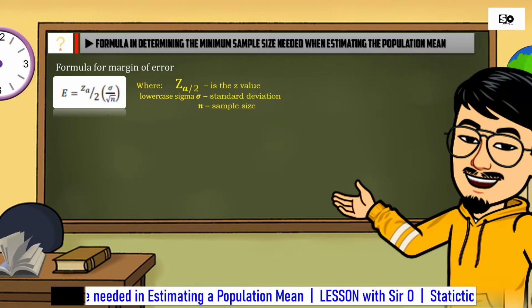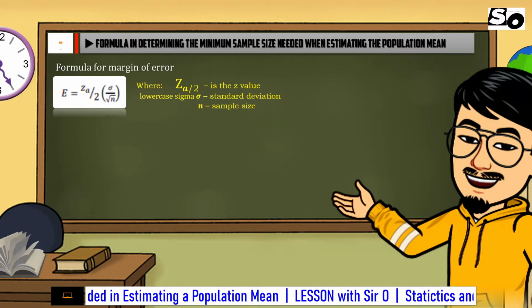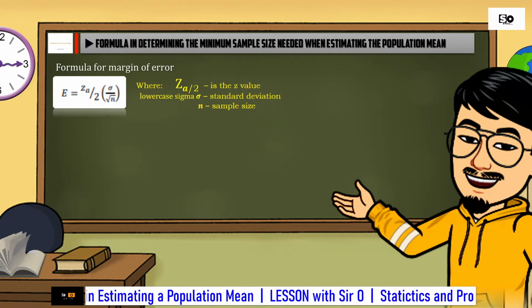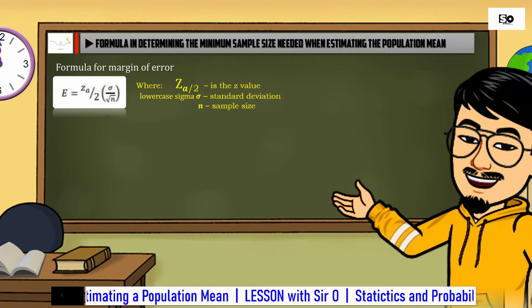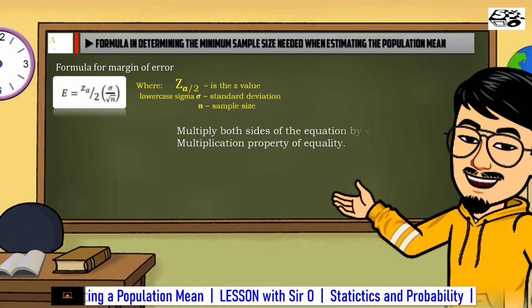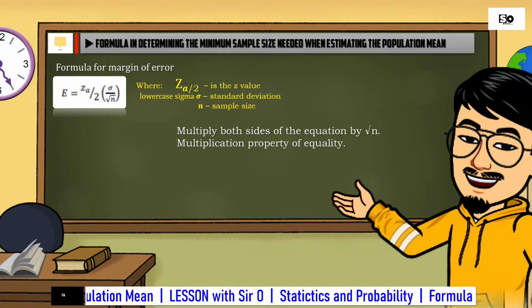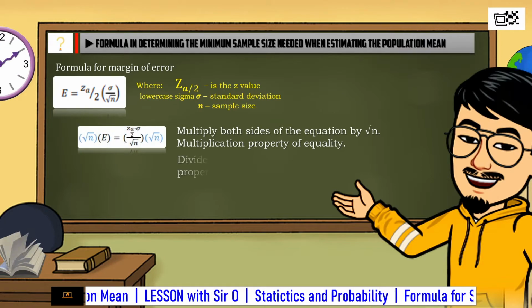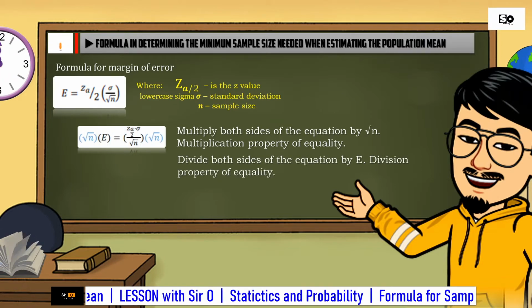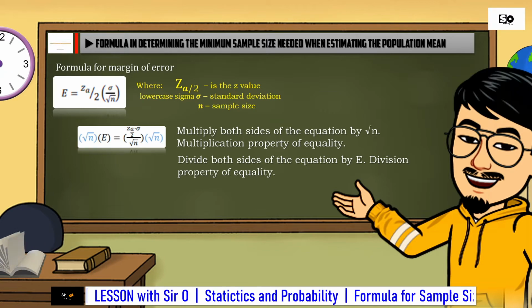Let us now continue the derivation of the formula in determining the minimum sample size needed when estimating the population mean. Multiply both sides of the equation by the square root of n. Next, divide both sides of the equation by e.